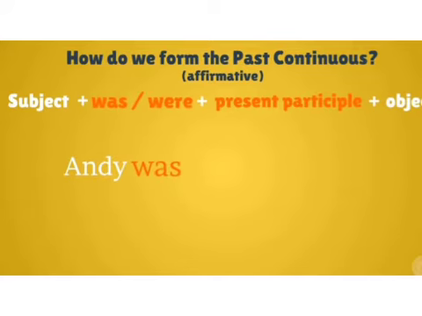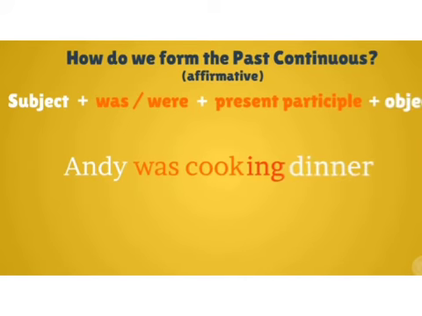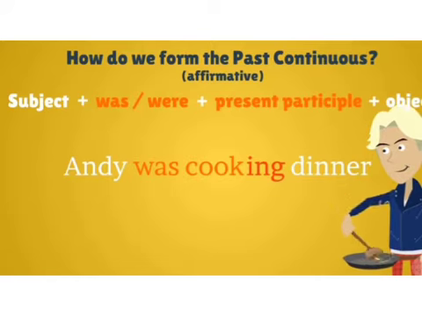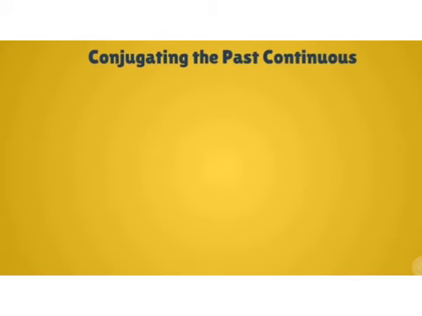So Andy is the subject, Andy is singular, so was, we should not use were. Andy was. Cook is the verb, cooking, that is the present participle. Andy was cooking dinner. So here was cooking is the past continuous tense.